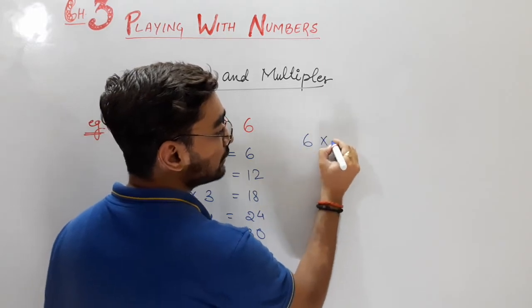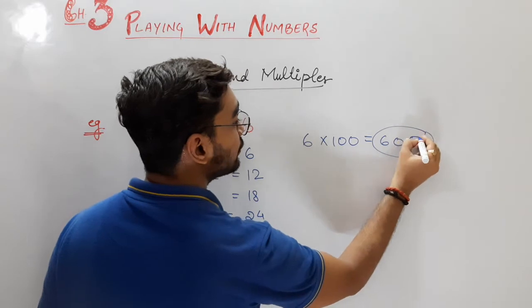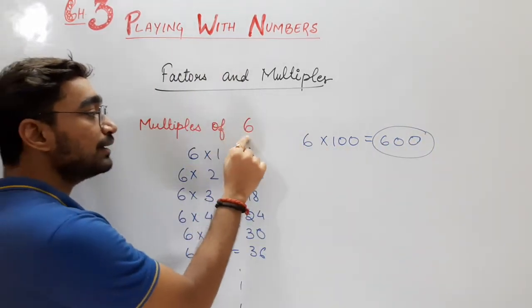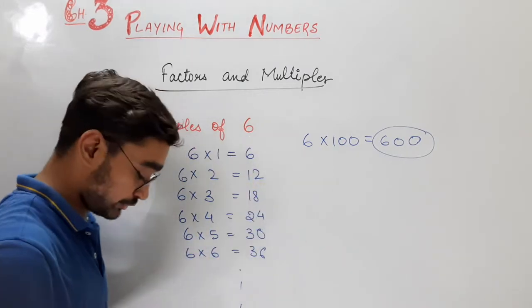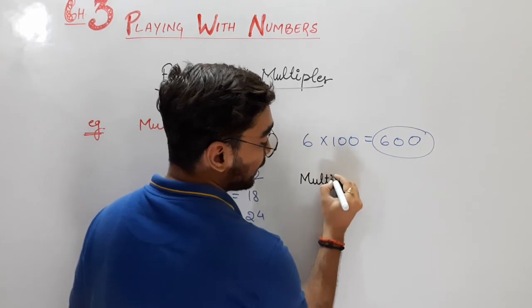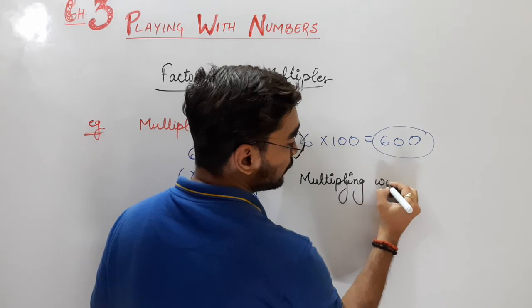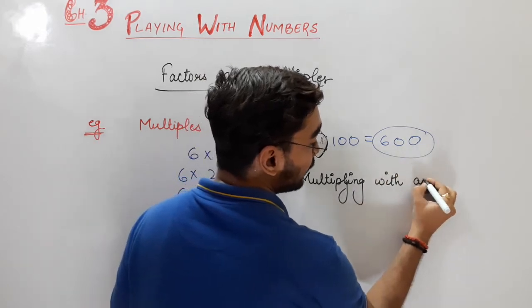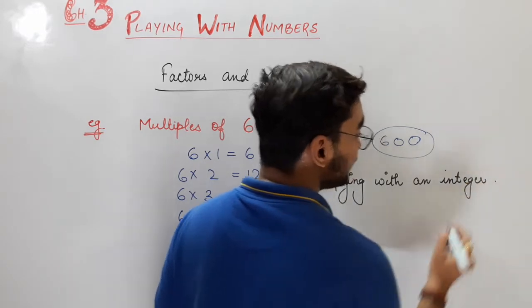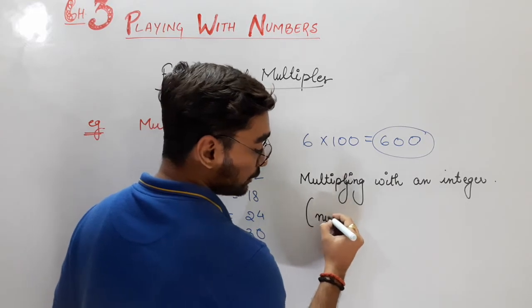Even if you are writing 6 into 100, 600, that is also actually a multiple of 6. Multiple of 6 means you should multiply this number with an integer. You have to multiply it with an integer only.